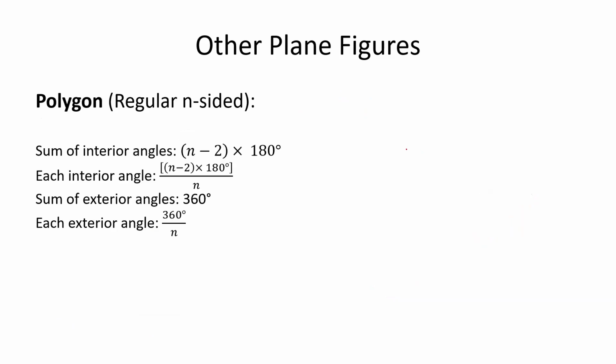Next shape is the polygon. Polygon is regular and n-sided. So what is a polygon? This type of shape is a polygon. It is a six-sided polygon. Similarly, this is a four-sided polygon. Here, all sides are of the same length.